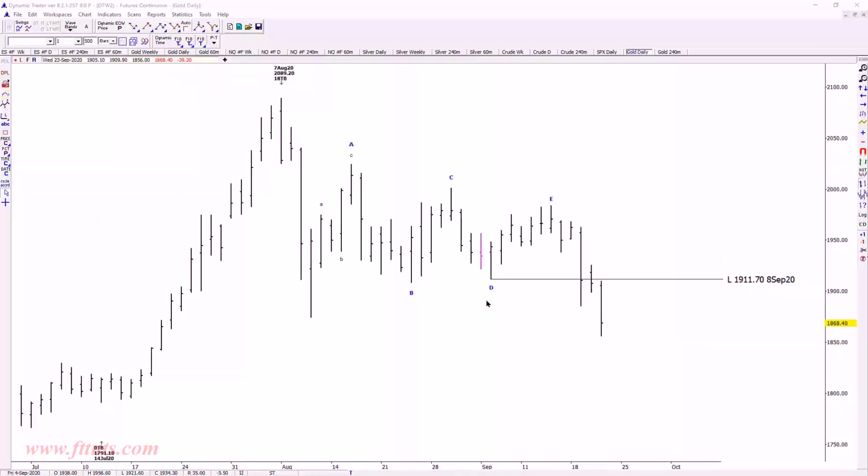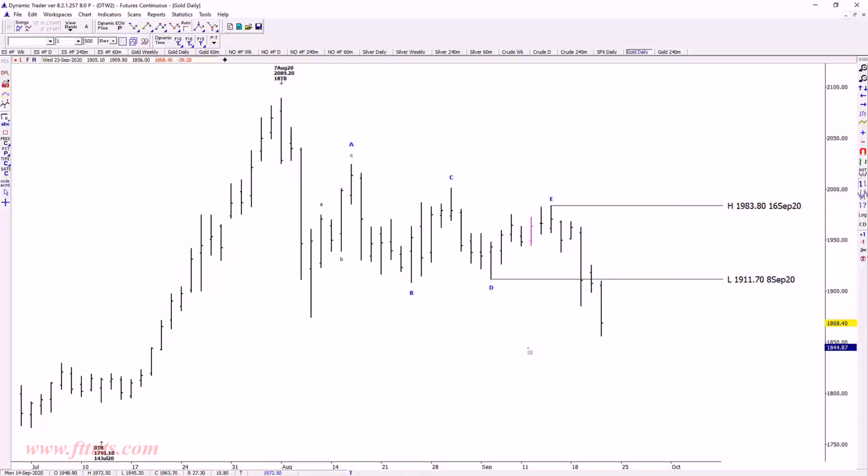Well, once we've taken out what I've got labeled the wave D low, more than likely this 5-section ABCDE contracting triangle is complete, and the bear trend will continue without taking out this high, because that's the end of the correction. So those are ABCDE corrections.